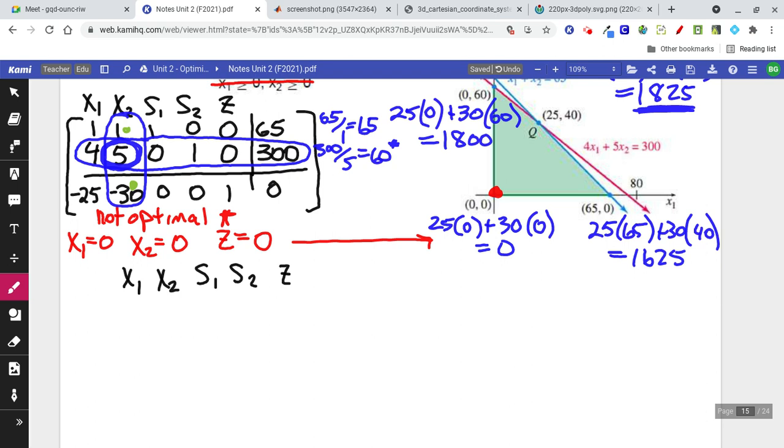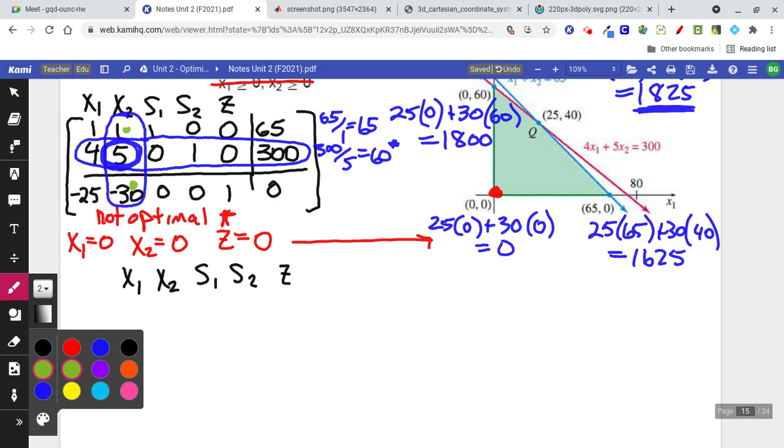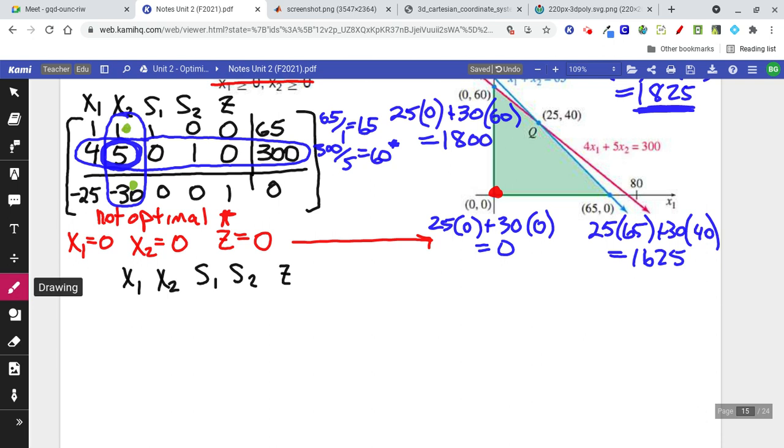I need to change that top row. That top row is going to change. I need to change a 1. I need to change my 1 using this 5. And so the rule that you're going to use, or I would use, is probably something like 5 row 1s minus row 2. Okay, 5 row 1s minus row 2.